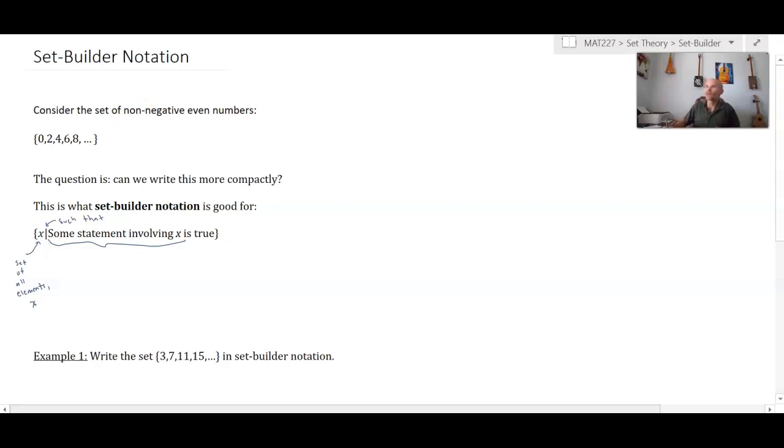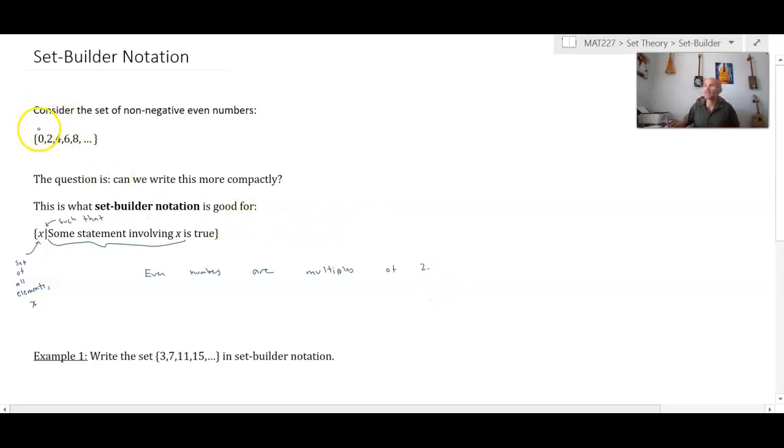So in the example of 0, 2, 4, 6, 8, well, one thing that we know about even numbers is that they are multiples of 2. Another way to write that is, if a number is even, you can divide it by 2 and still get a whole number. Or you could factor a 2 out.